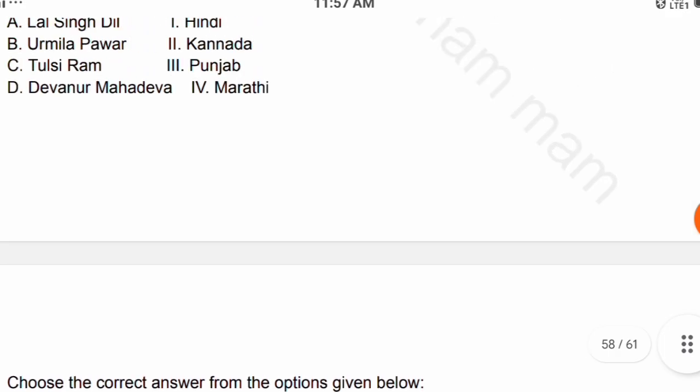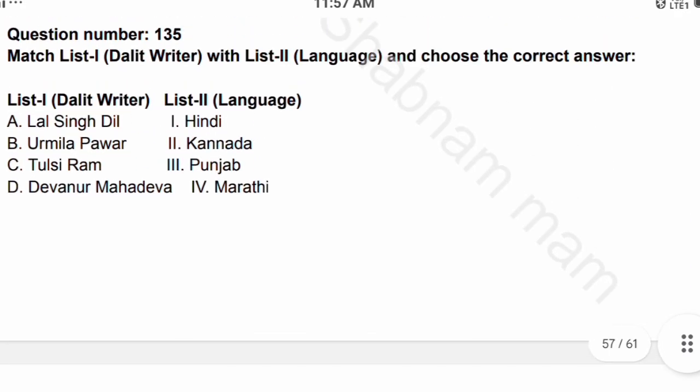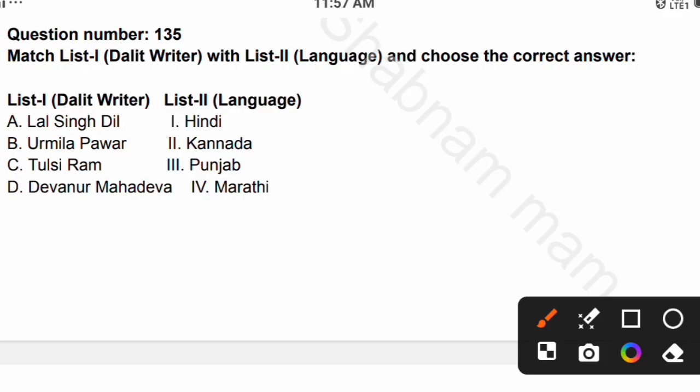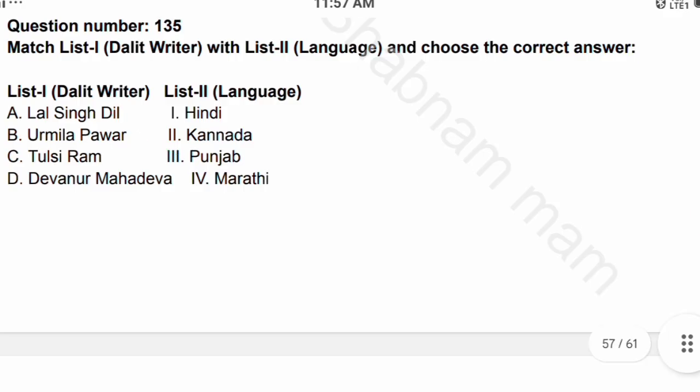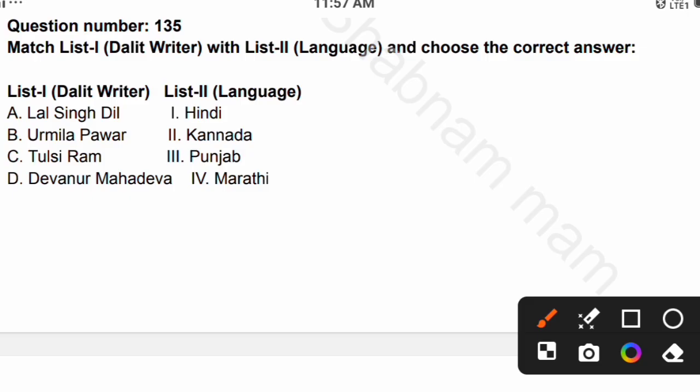You have to match A third: Lal Singh Dil, Punjabi. Urmila Pawar, Marathi. Tulsi Ram, Hindi, and Devanur Mahadeva, Kannada. These are the correct options.